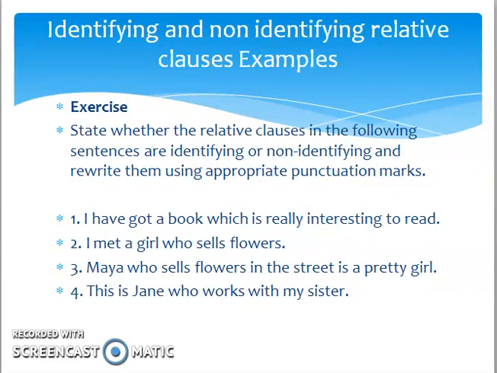I have this exercise, where we have to identify some sentences. With the information I have given you, I want you to please determine if the sentence is classified as identifying or non-identifying by analyzing them. For example, the first one says, I have got a book which is really interesting to read.